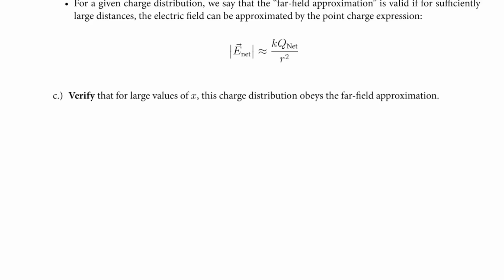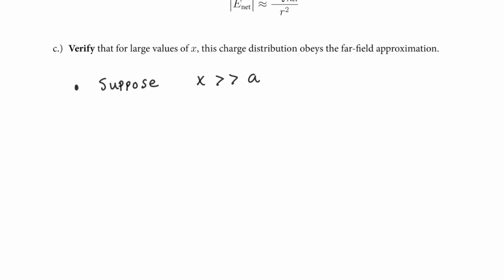All right, let's see. If we're really far away, that means that x, the distance along the x-axis, is much, much bigger than the charge separation. What that allows us to do is this means that adding a small number to a really, really big number does practically nothing. So this term is still roughly just x squared.